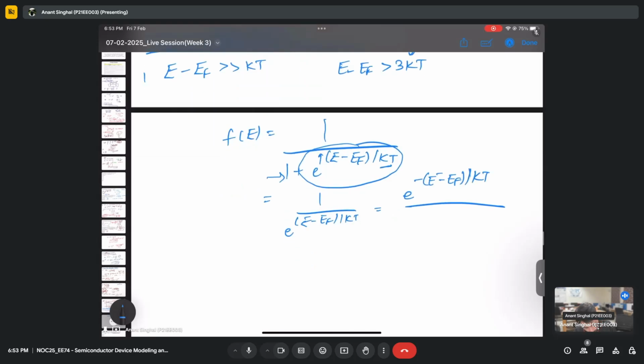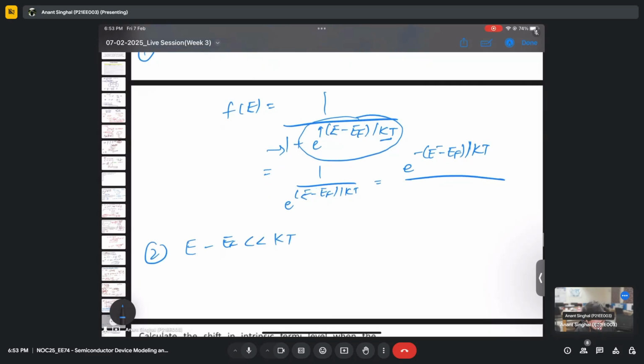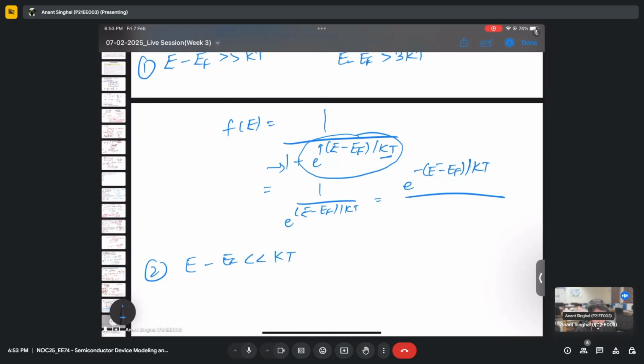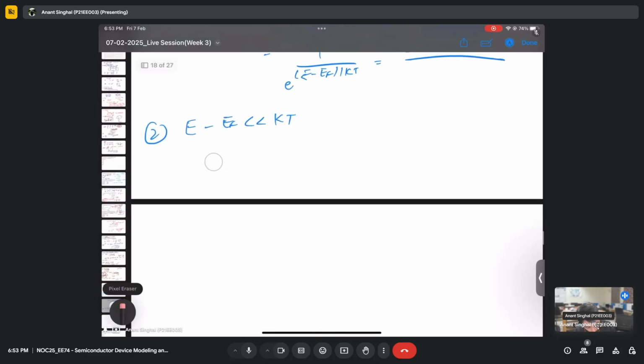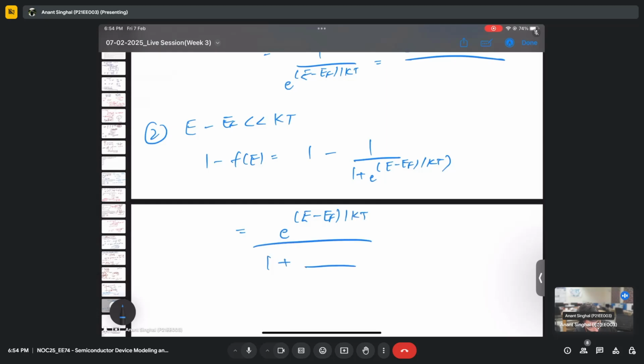And the same applies when it is very, very less than. If E minus EF is very, very less than KT, then these terms become more prominent for the holes. So if I now calculate the probability of holes, which is 1 minus Fe, I can write 1 minus 1 upon 1 plus exponential of E minus EF over KT. Simplifying, it is exponential of E minus EF over KT upon 1 plus this term again.